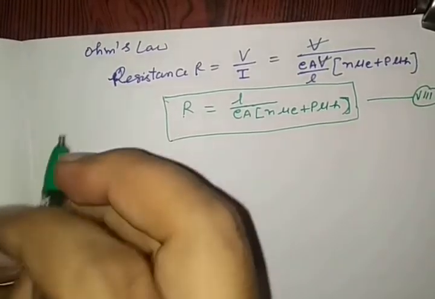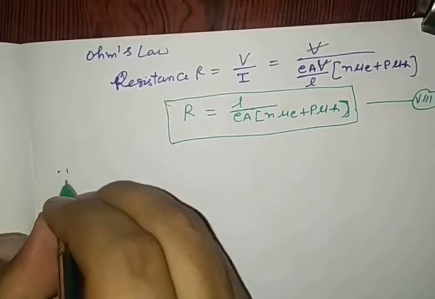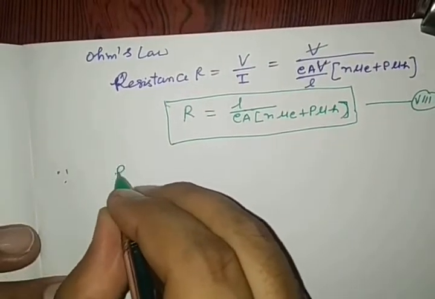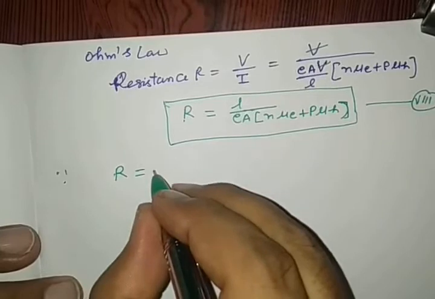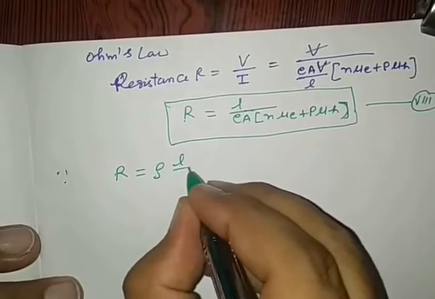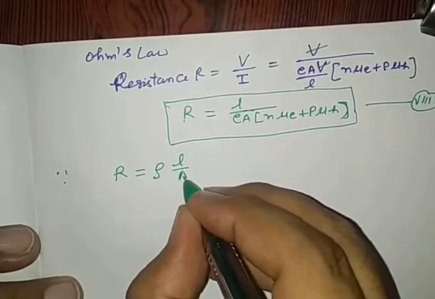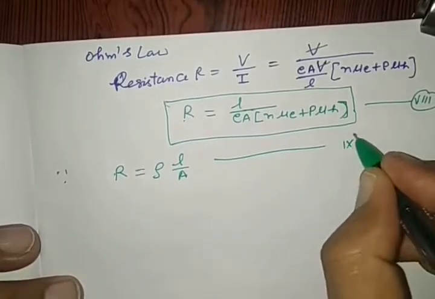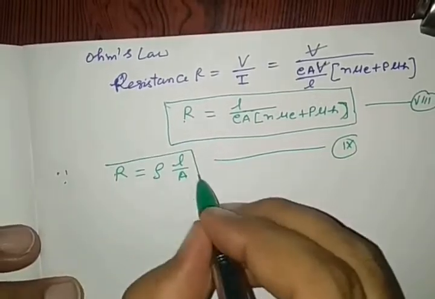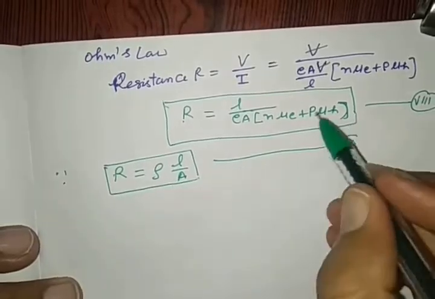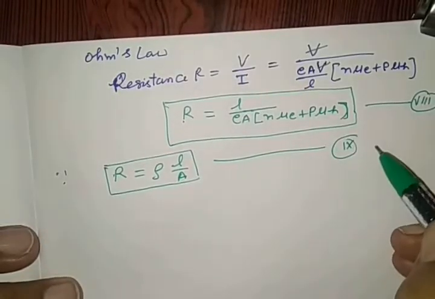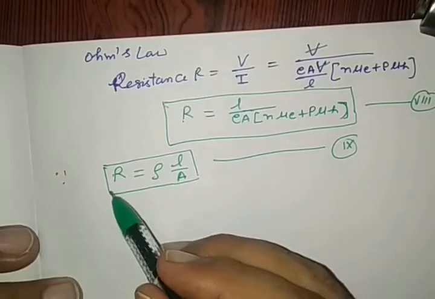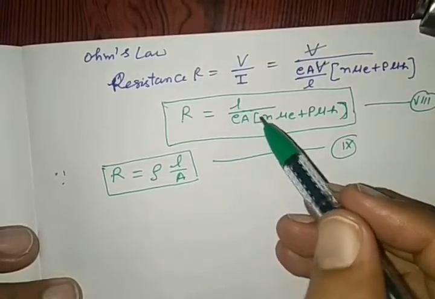One more formula. Since we know that the resistance of a wire is given by the formula rho L by A, it is represented by equation 9. See in the box. In equations 8 and 9, the right hand side is equal, so we can equate the left hand side.